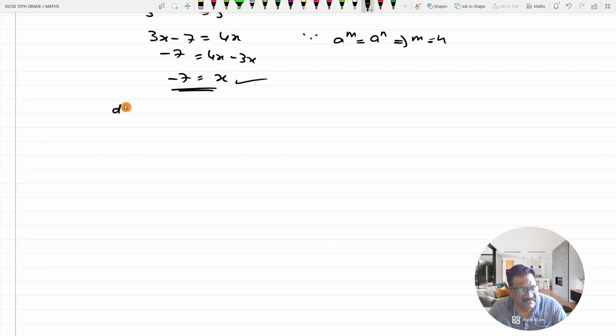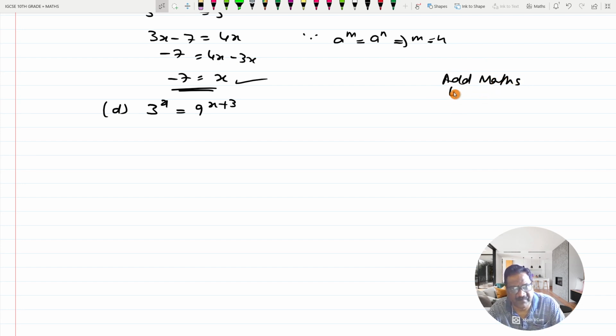So sub question D is, okay, it is 3 raised to x equal to 9 raised to x plus 3. Now let me remind you that I am referring to a book called Additional Mathematics by Sue Pemberton.